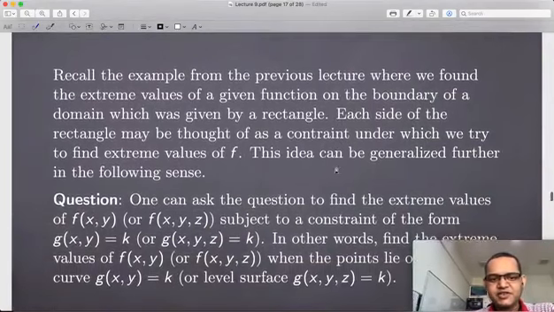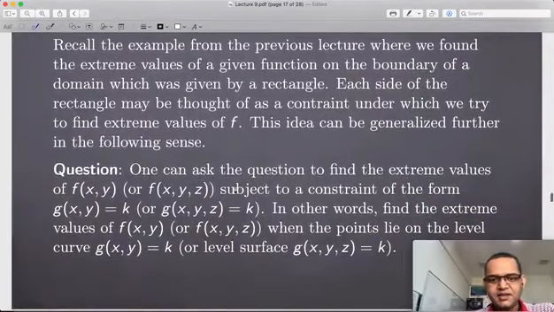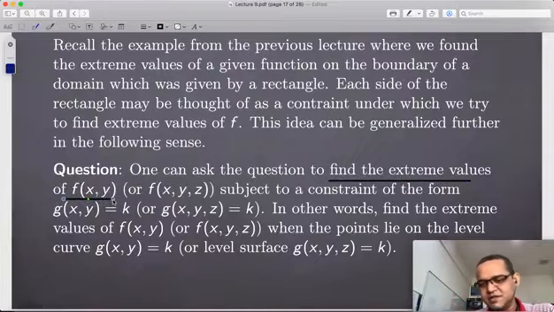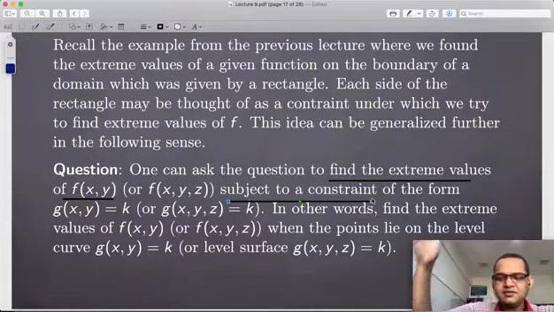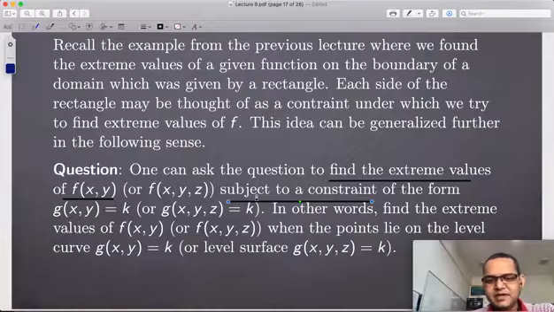In this situation, one can ask the following question in general: suppose I want to find the extreme values of a given function, in 2 variables or in 3 variables, subject to a constraint. The constraint on the variables, for example the sides of a rectangle, can be thought of as curves, and hence they will be given as a level curve of a function.